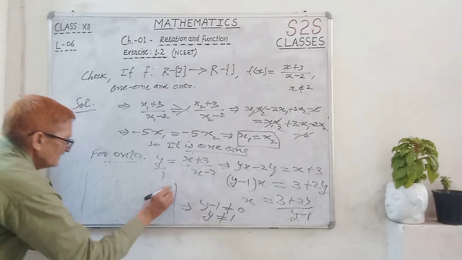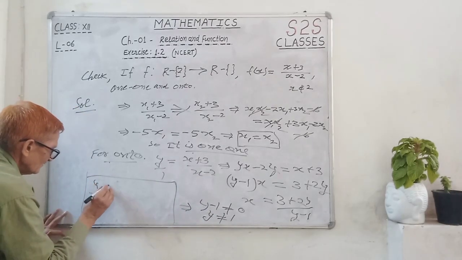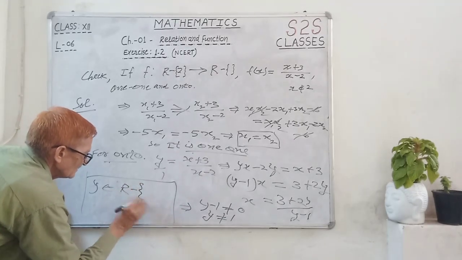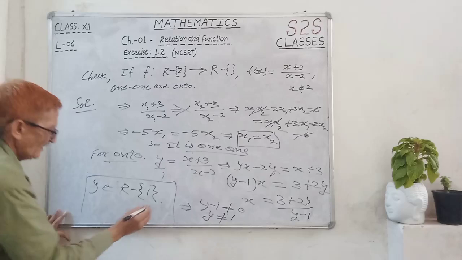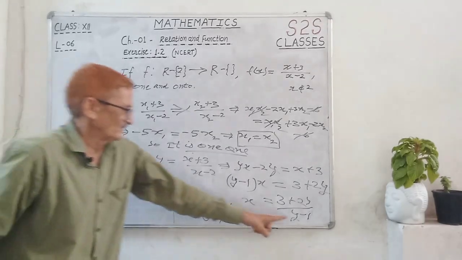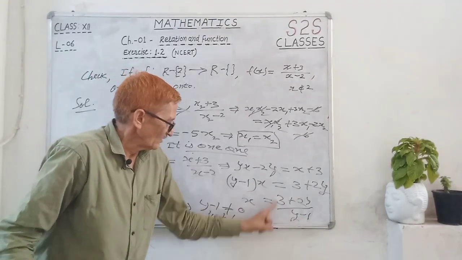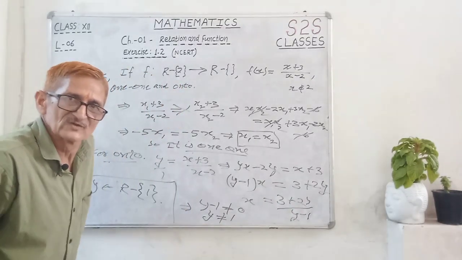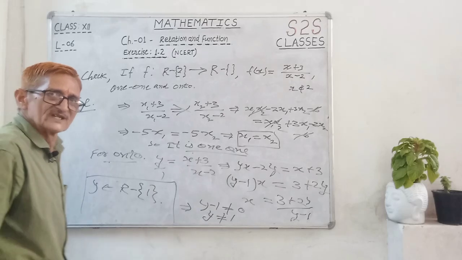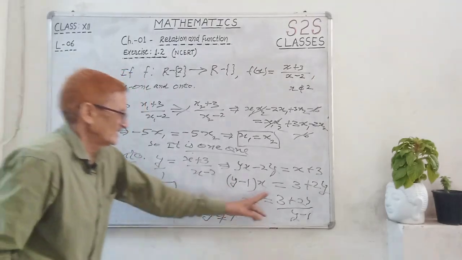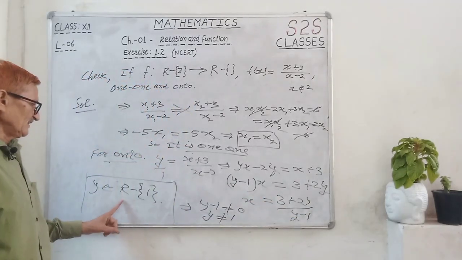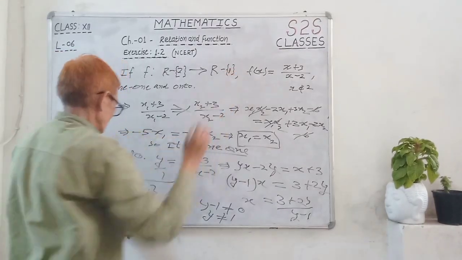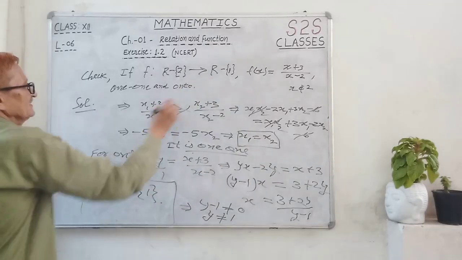So y belongs to R minus 1, except 1, all real numbers. If y is 1 then denominator is 0. So for the rational function check the denominator. Okay, always denominator should not be 0, except that all real numbers is the domain of a rational function. So here value of y, so y belongs to R minus 1. Complete this question, check this.